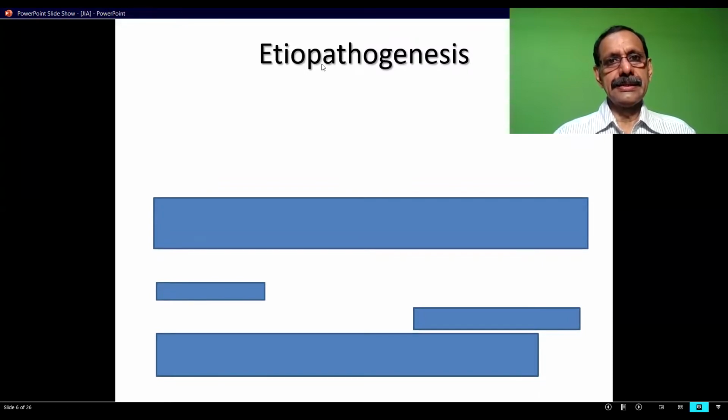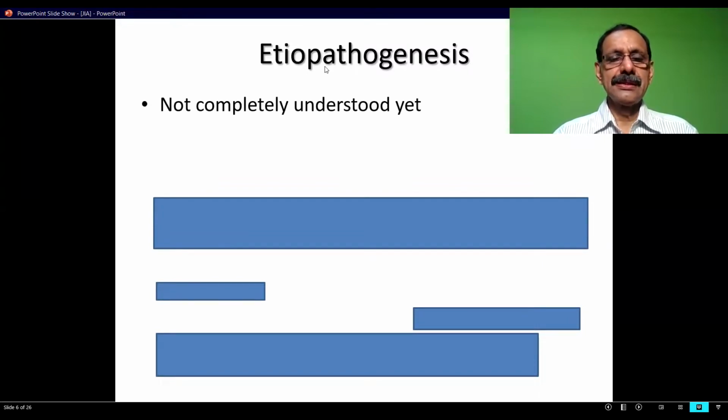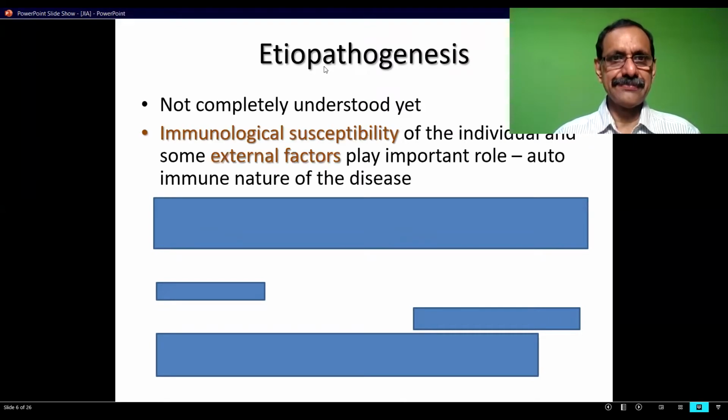Now, regarding the etiopathogenesis, first of all, it is not understood as of yet. There is an immunological susceptibility or a genetic susceptibility in an individual where some external factors play a role to initiate the event. For example, you are genetically prone to the disease, but there are so many genetically prone people who are not having rheumatoid arthritis.